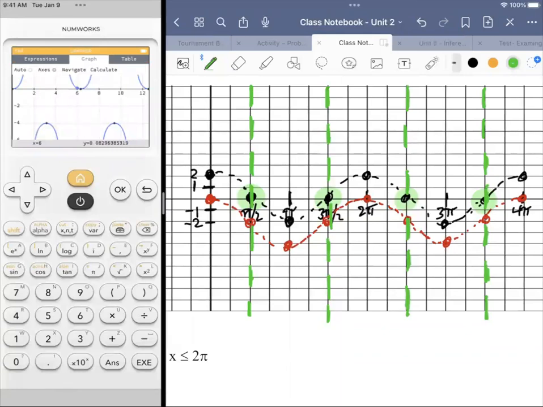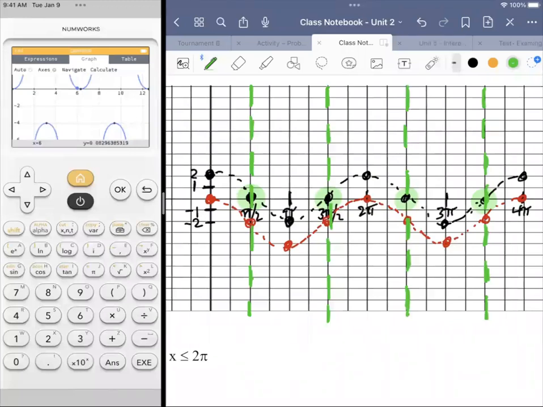What we're going to do is take the red curve. This is kind of weird, but we're going to take the reciprocal of the red curve, which means if it's opening upward, we're going to make it open downward. If it's opening downward, we're going to make it open upward.